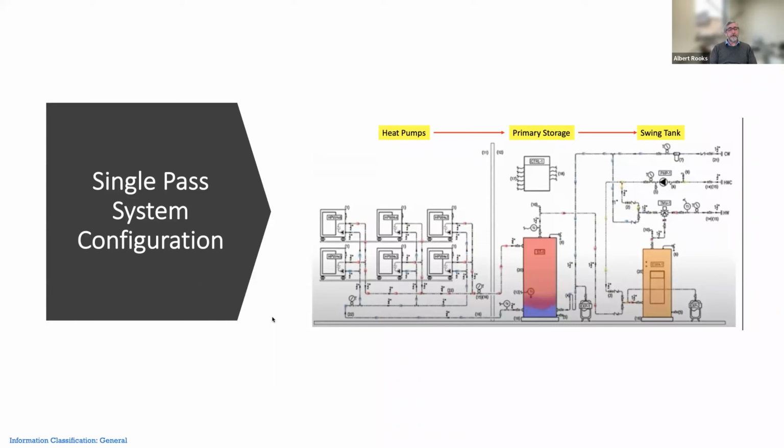And the primary storage is going to hold it, and we're sizing the storage to meet what we understand the load profile is. And then it's going to get over to a swing tank. We'll talk about a swing tank here in a little bit, but this is the relationship. And in CO2, it's always the same.